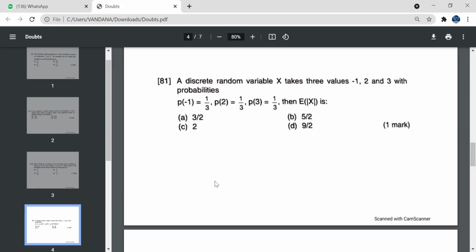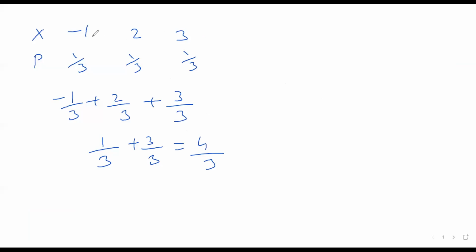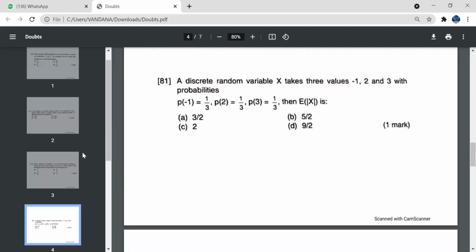I'll just check if I have taken everything properly. -1, 2, and 3, right? Here something is wrong in the question. Denominator is not coming to anywhere.